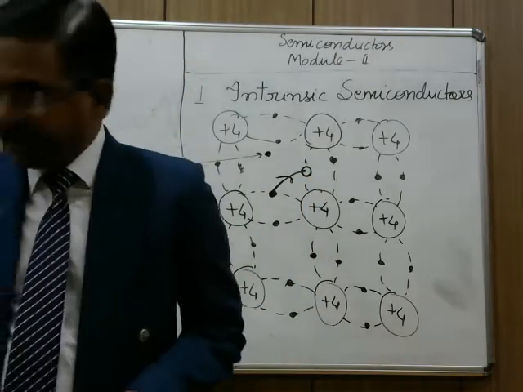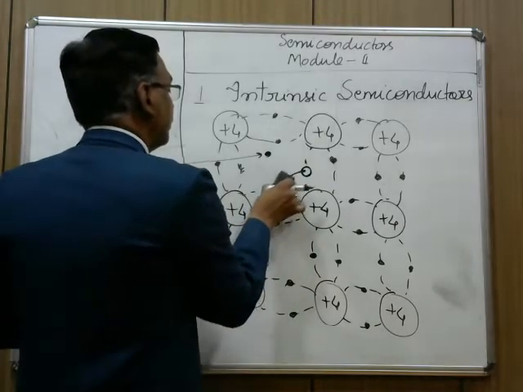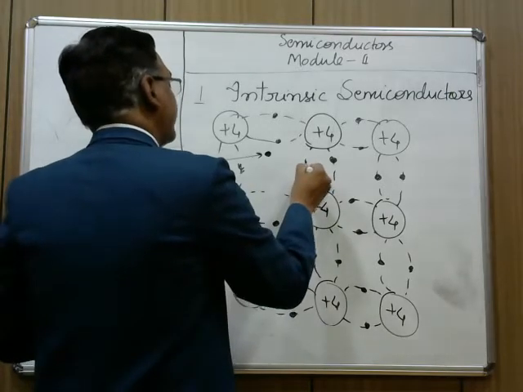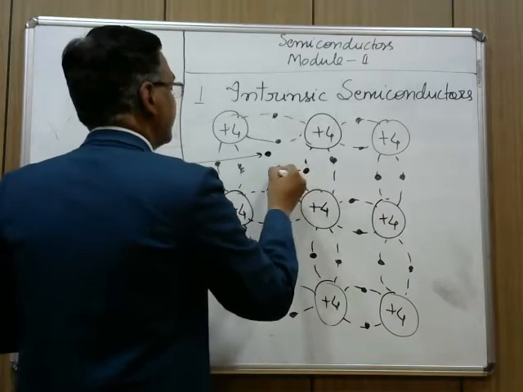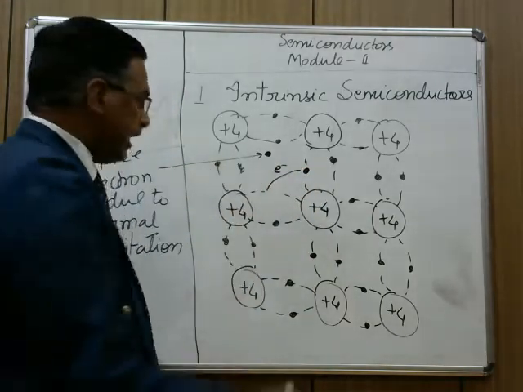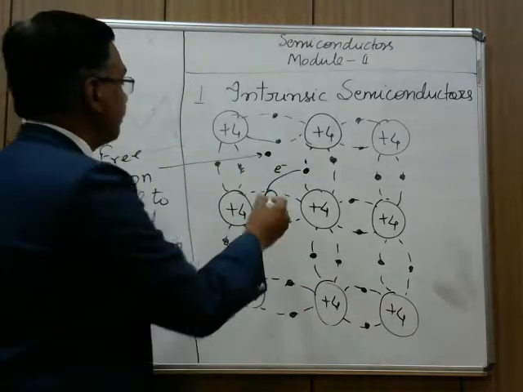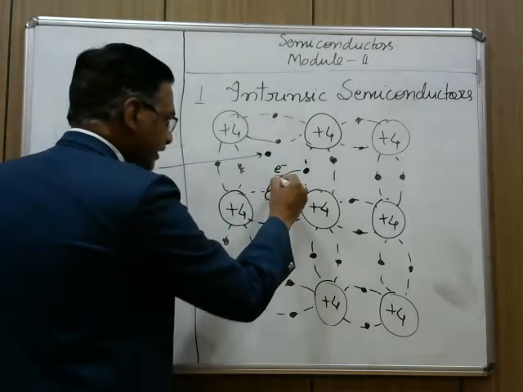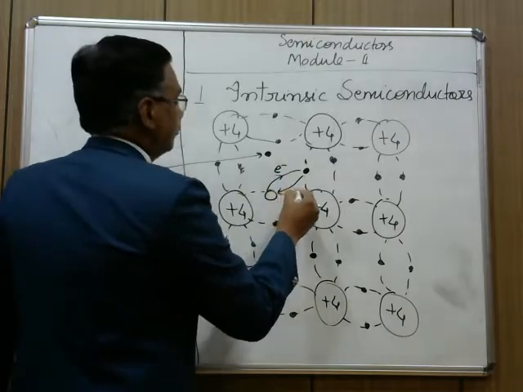When the electron has moved from this point to this point, the electron will be present here. So the electron has moved from here to here, leaving a vacancy over here, which again has a positive charge. So the electron is moving in this way and the hole is moving in the opposite direction, plus E.